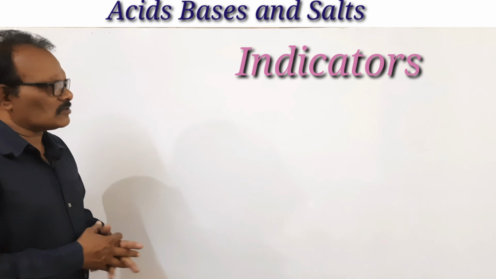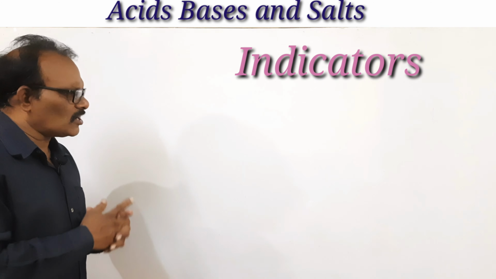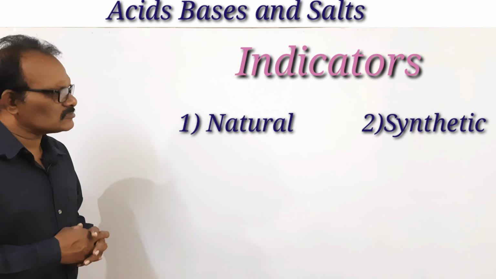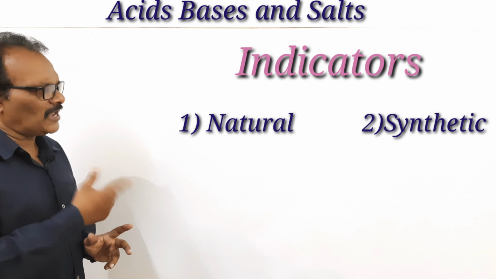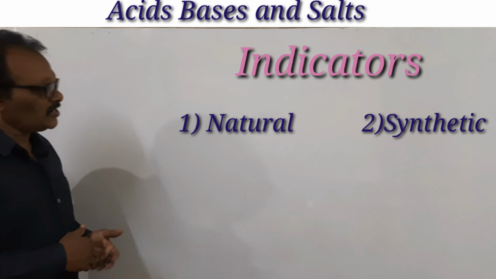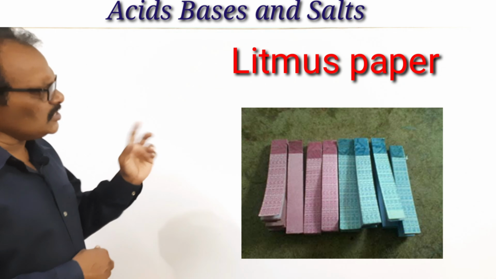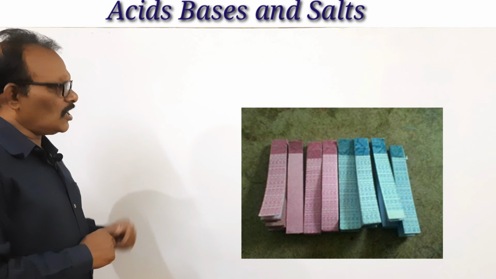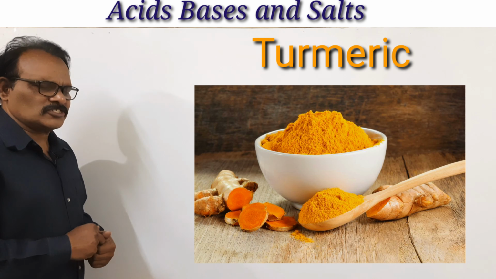Indicators are of two types. One is natural indicators and another is man-made or synthetic indicators. Natural indicators are litmus and turmeric. These are the two natural indicators.